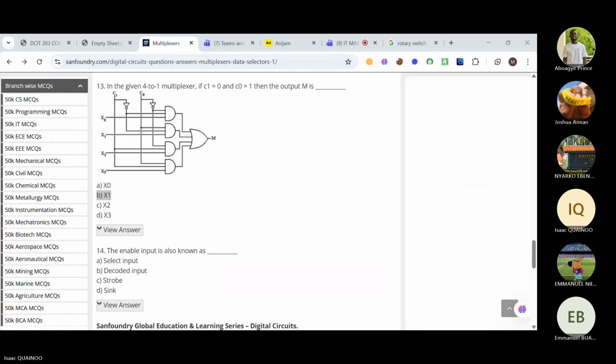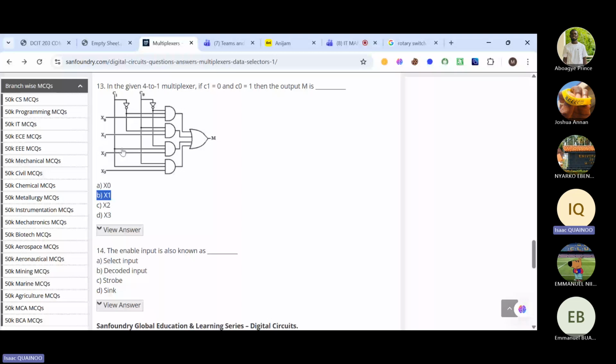Okay. So I'll also go for B because we said that our selector is showing 0, 1. And you know that 0, 0 corresponds to data line 0, which here is X0. And 0, 1 will correspond to data line 1, which is X1.